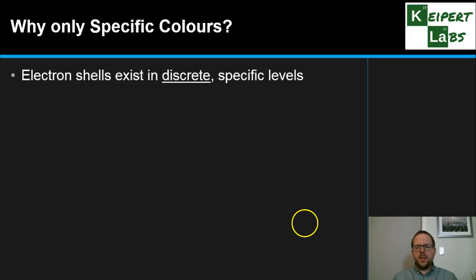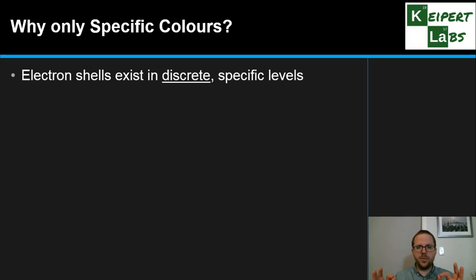Okay, but so then we get to the point of saying, all right, if atoms can give off colors when these electrons make these jumps, the idea is that for particular elements, we only see specific colors. We don't see a whole rainbow being given off. And there's a good reason for that, because remember, electron shells exist at very specific or discrete levels.